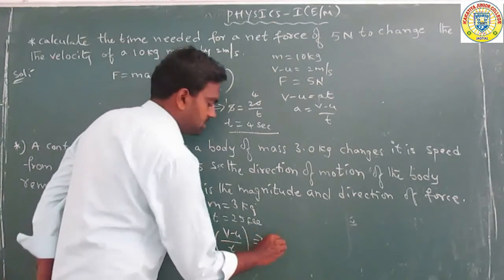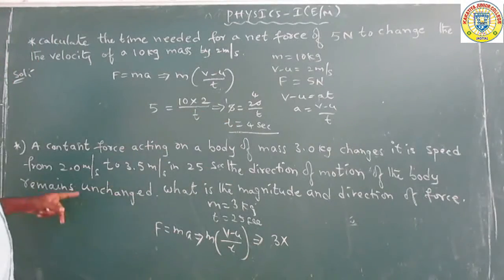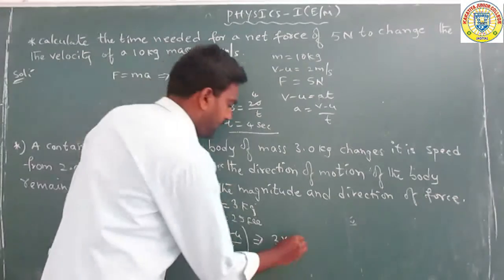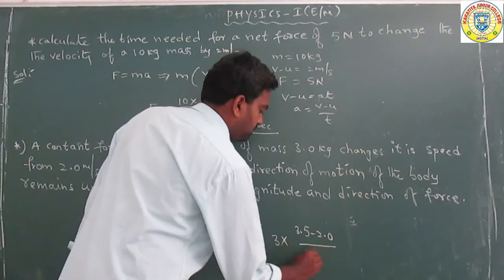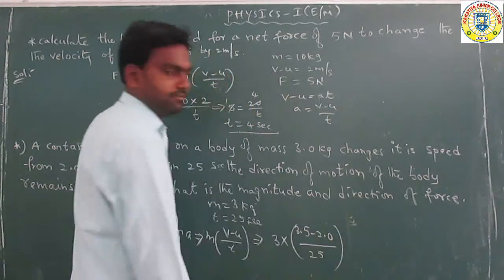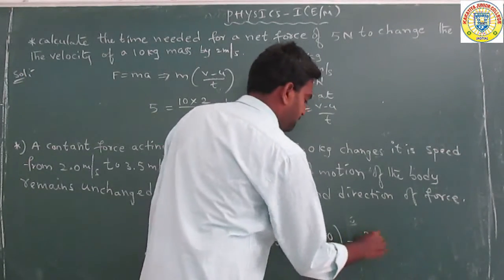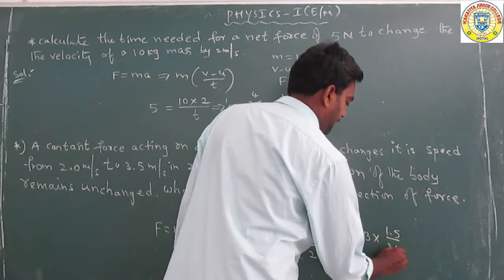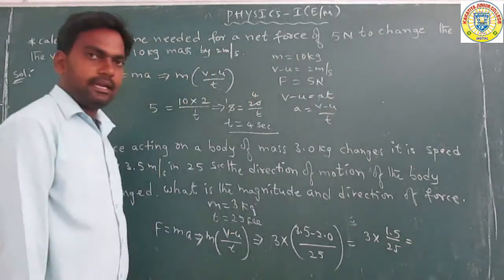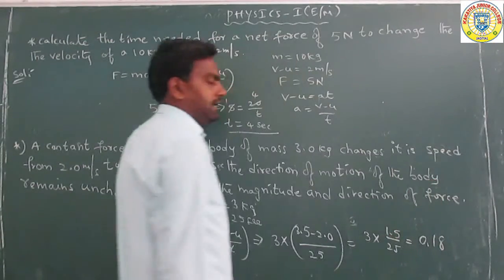The mass of the body is 3 kg, v - u is the final velocity minus the initial velocity, 3.5 minus 2.0, divided by 25 seconds. So F = 3 × (3.5 - 2.0)/25 = 3 × 1.5/25. Calculating, we get the final answer 0.18.